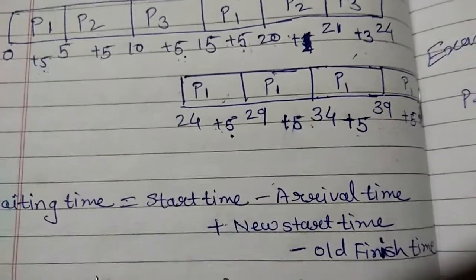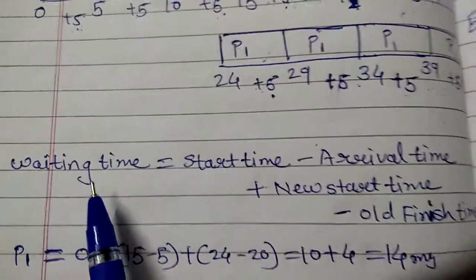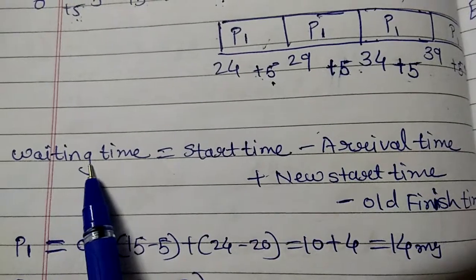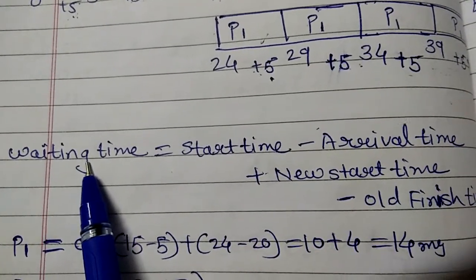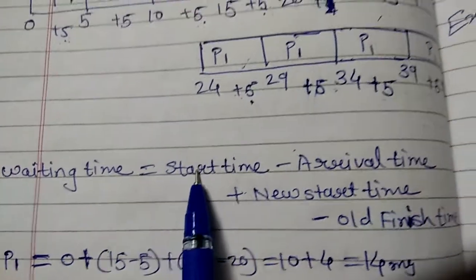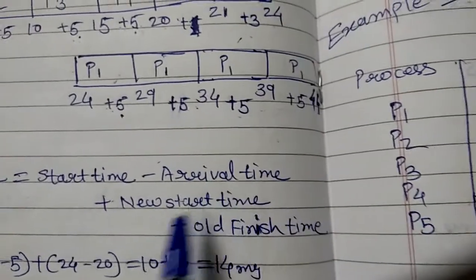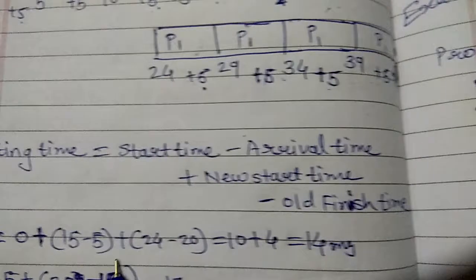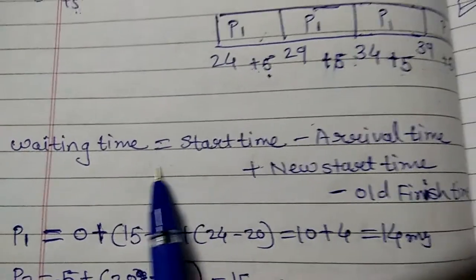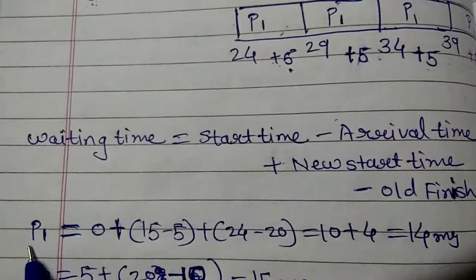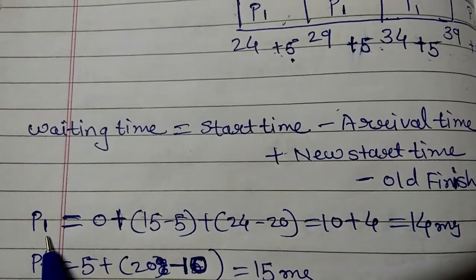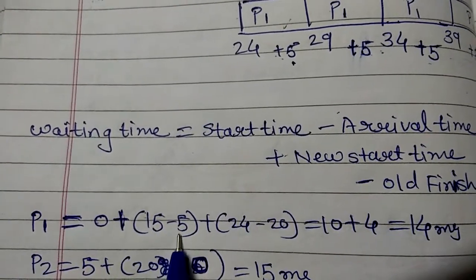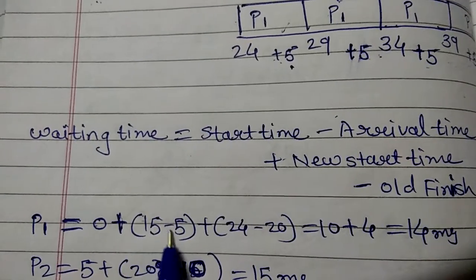Now here we are going to use the same formula as I have shown you whenever we are using preemptive algorithms: waiting time equals start time minus arrival time, plus new start time minus old finish time. So I have determined here the P1 waiting time. It starts at 0.